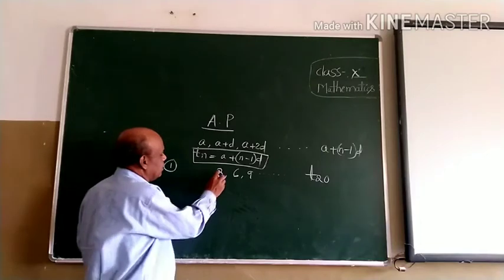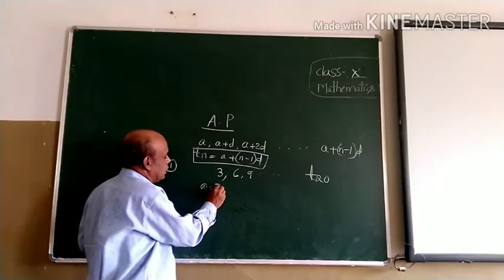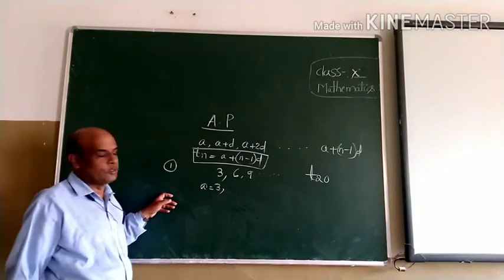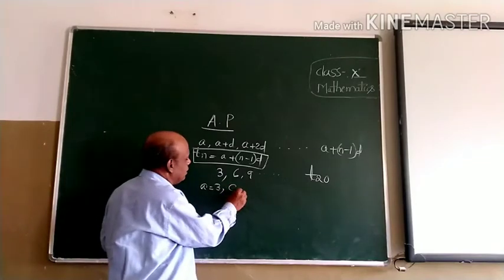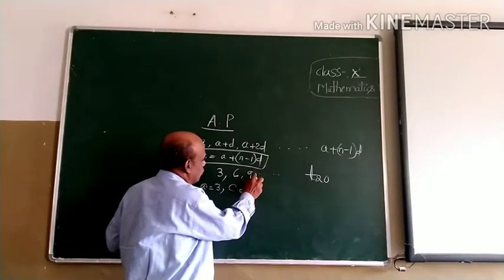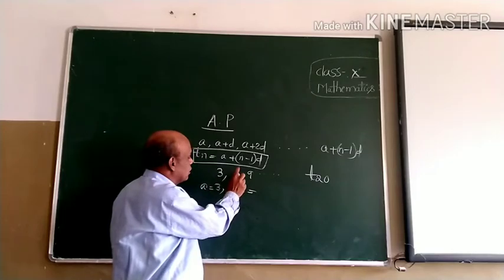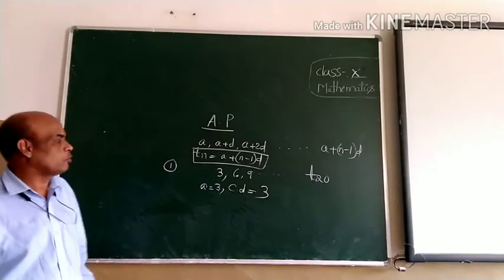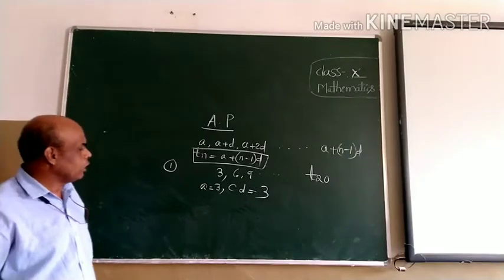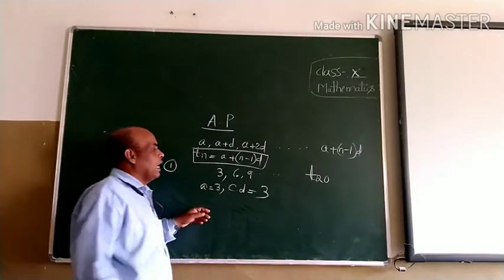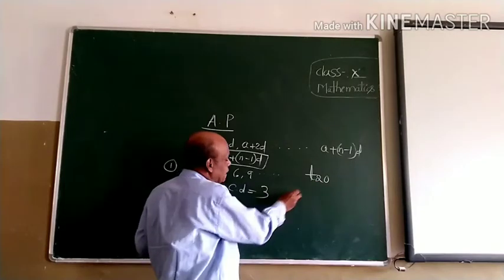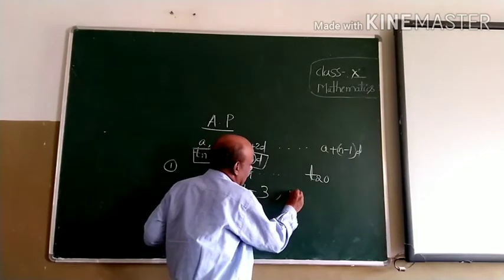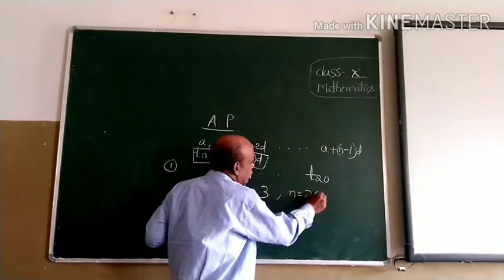So we can say a is equal to 3, the first term, and the common difference is 9 minus 6, 6 minus 3, meaning the last term minus the previous term. So we got the common difference, and we have to find the 20th term. It means n is equal to 20.